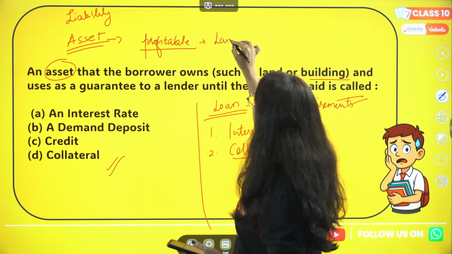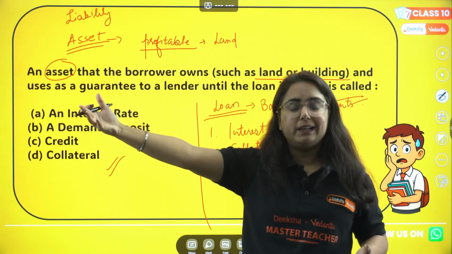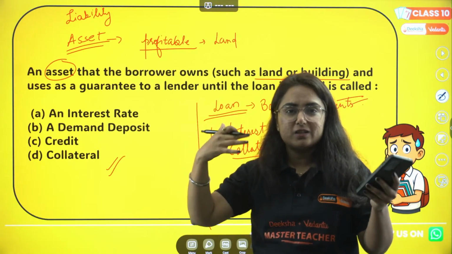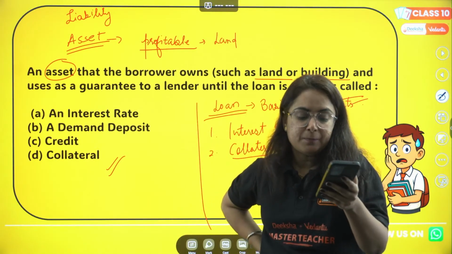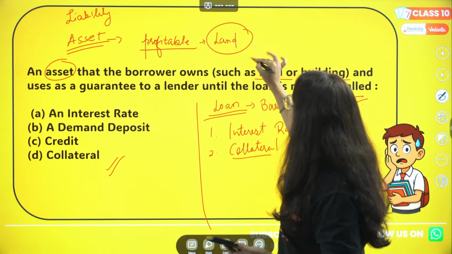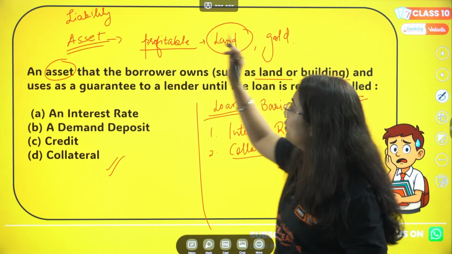For example, you bought a land for 10 lakh rupees and are going to sell it for 12 lakh rupees. Just an example; I know land is getting so expensive nowadays. But it is profitable. So land, or gold, these types of things are known as assets.